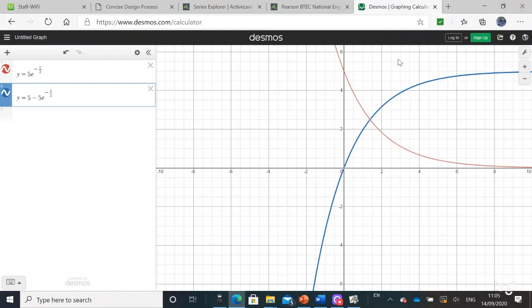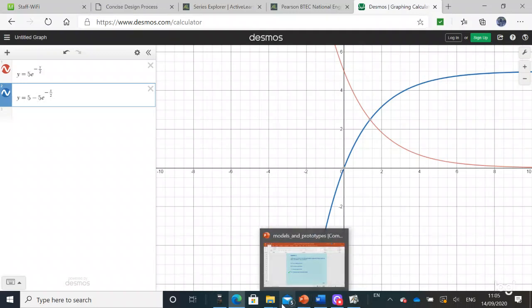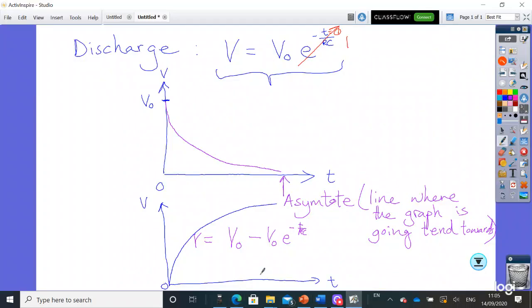Okay, now, but guess what? If you are mathematicians, GCSE level, what can you do to simplify this? They both have a common factor, V naught. So what do we do? Take it out, so factorize. So basically, the charging formula is V equal to V naught, taking V naught out of the bracket.